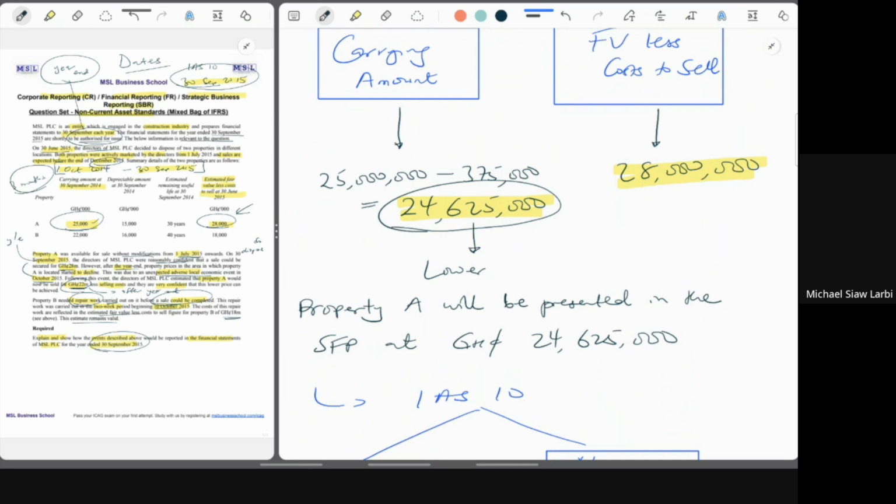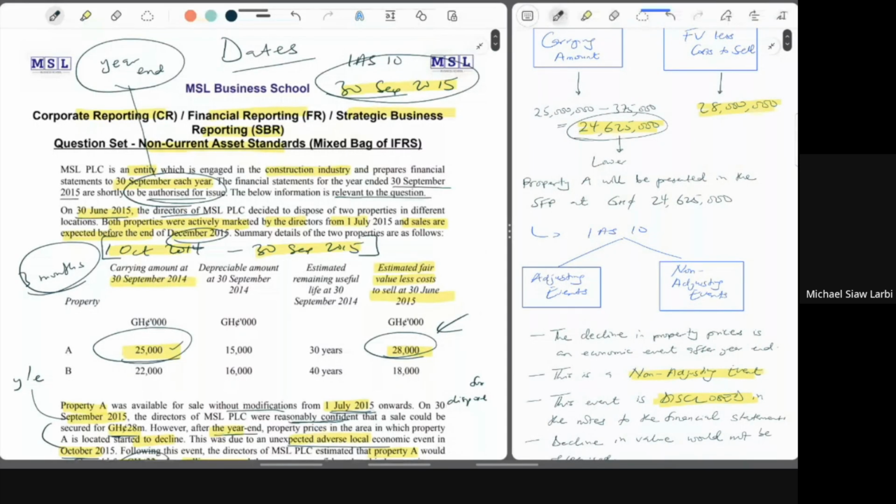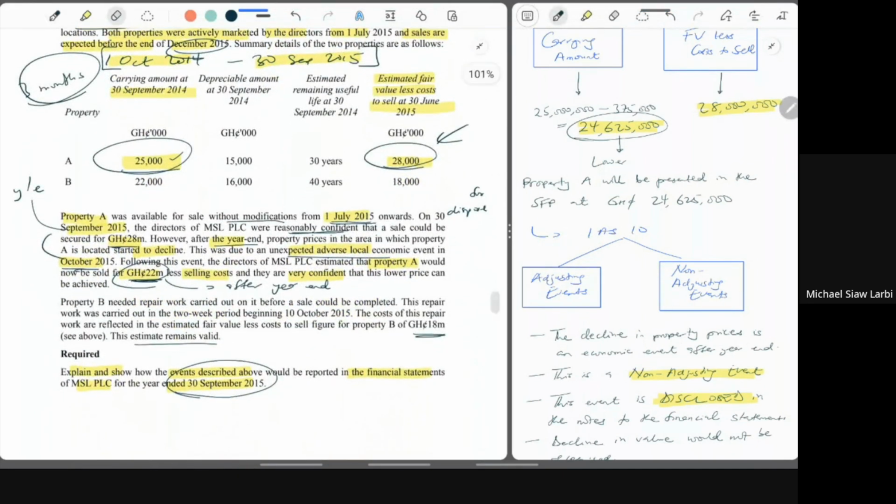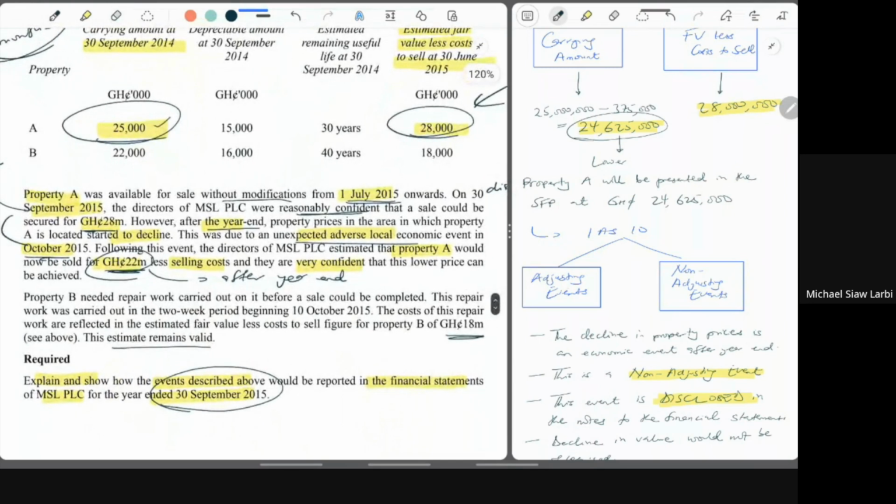How about property B? For property B, clearly we said that it doesn't meet the held for sale criteria. Why? We're told that property B would need repair work carried out on it before a sale could be completed. The standard says before you can classify as held for sale, the asset should be available for sale immediately in its present condition.